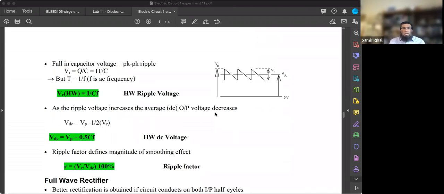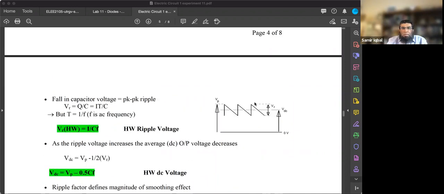So now, if the ripple voltage increases, if the signal is going through big changes, the output DC voltage will decrease, because if the ripple becomes large, your DC goes smaller than if it was small. If the ripple was small, the DC voltage would be larger. If the ripple is larger, the DC voltage will become low.